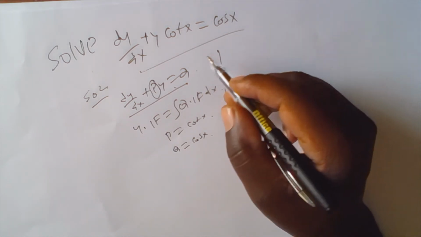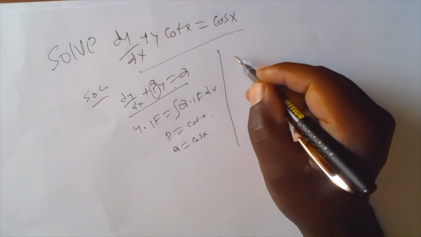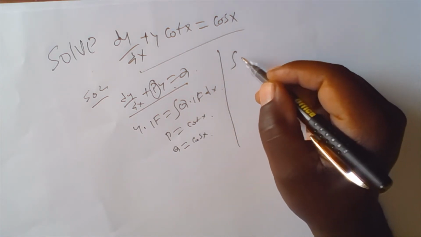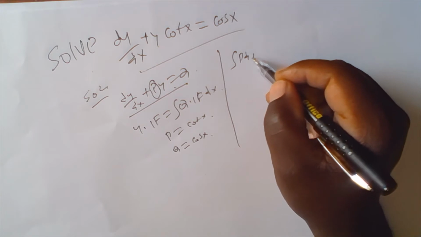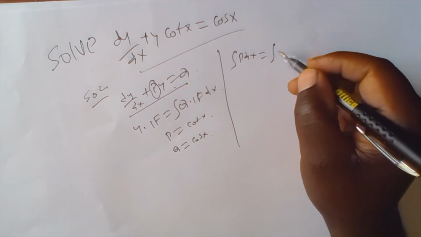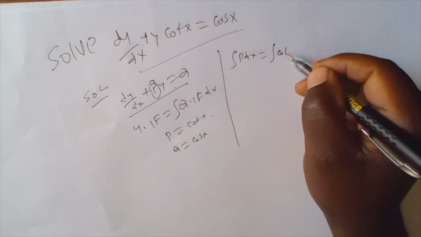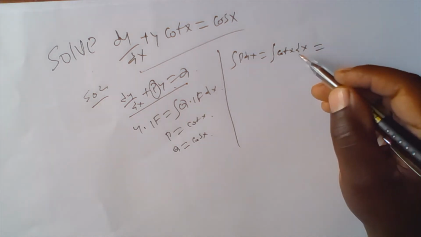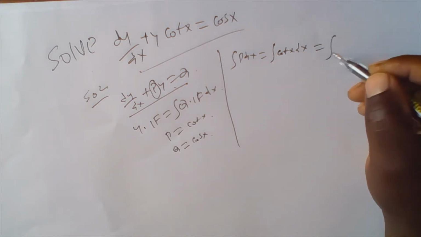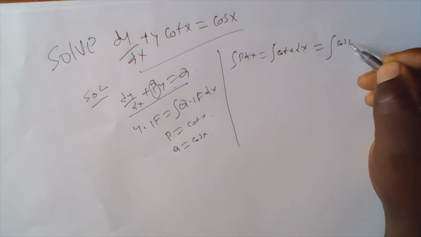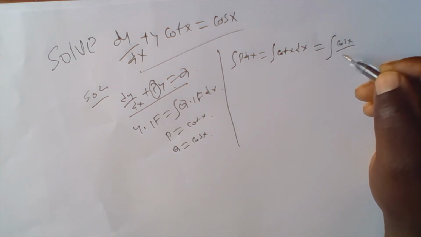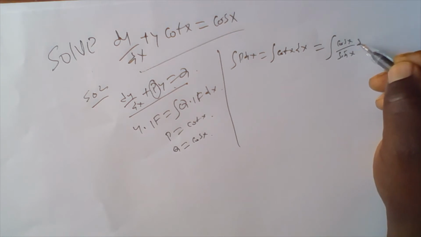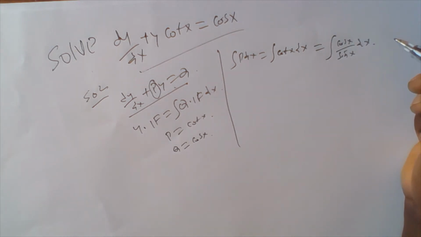The integral of P dx equals the integral of cot x dx, which, remember, is the integral of cos x over sin x dx.